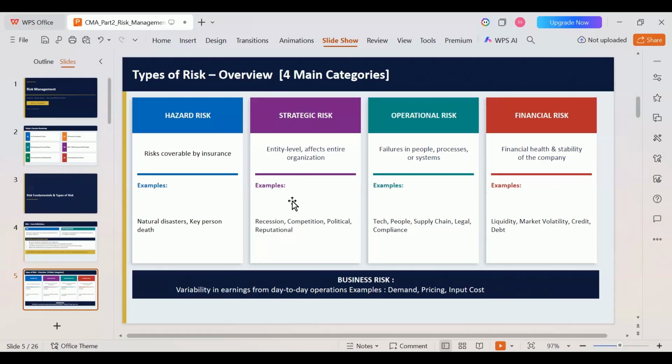Your mind focuses on the keyword political, and they are asking you what is the type of risk involved. In the options they give you political risk, strategic risk, hazard risk, and financial risk. What option do you choose? I repeat the options again. First one is political risk. Second is strategic risk. Third is hazard. Fourth is financial. Which one do you choose?